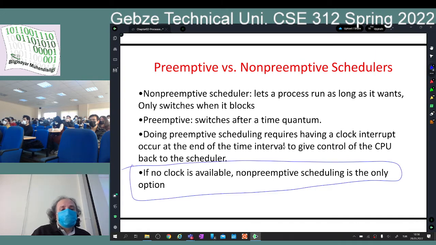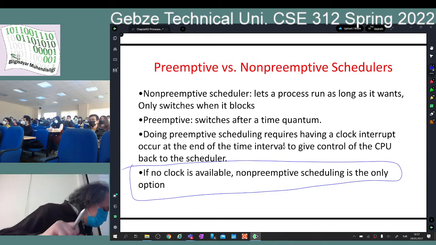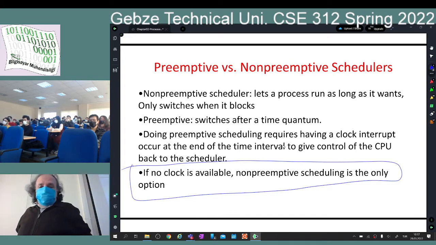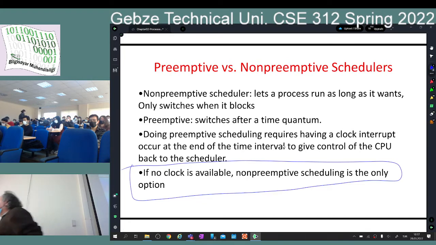The clock hardware creates an interrupt every, let's say, 40 milliseconds, maybe 50 times a second, etc. When the interrupt happens, the operating system has to handle it. That's why we say that the operating system will take the CPU, and it will make the scheduling decision while it has it.